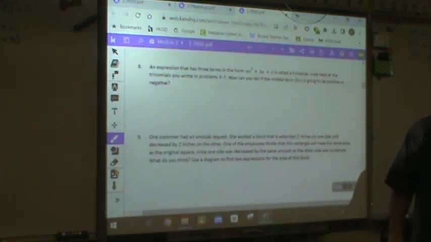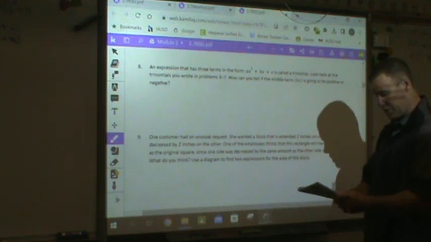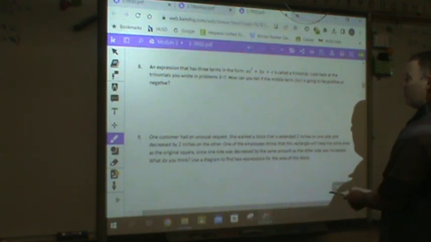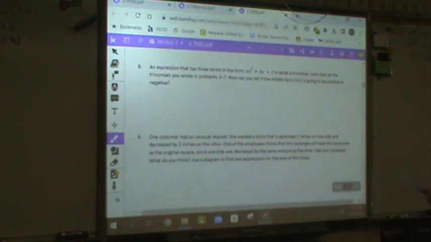Question 8. How do we determine, looking back, how can you tell the middle term is going to be positive or negative?